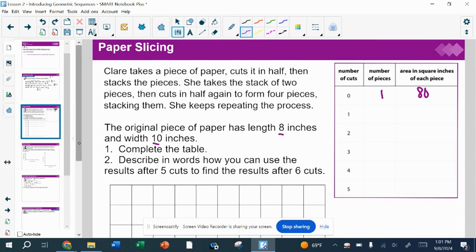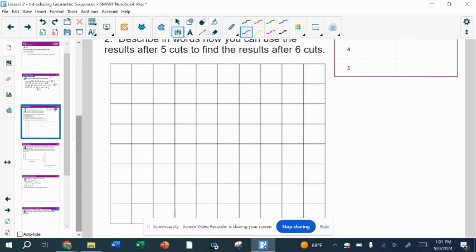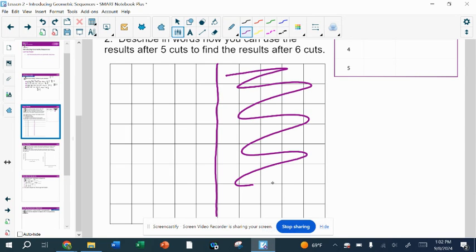When I take that paper and cut it in half, so if I would cut it here, and then remember it does say that she's stacking it, so she would take the half and put it on top of the other half, but she really in effect now has 2 pieces of paper, and we're going to say this is now gone.